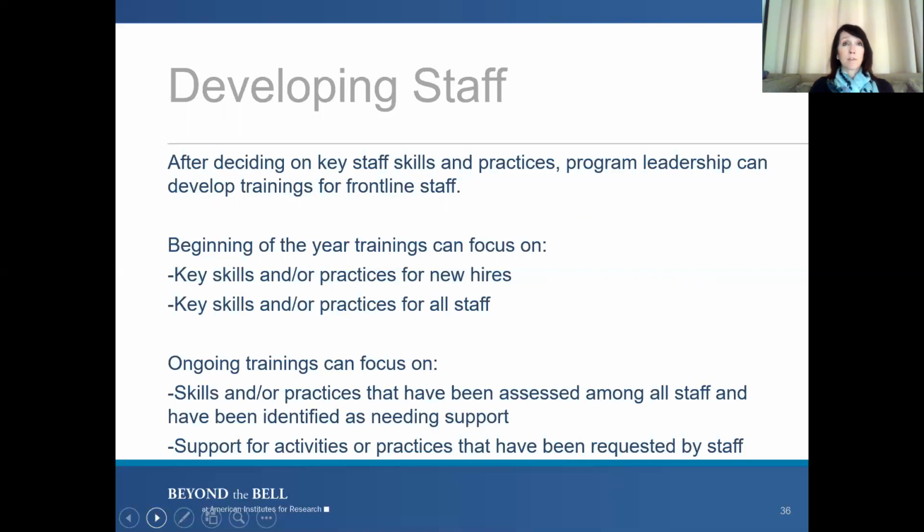I did work with an after-school program a couple of years ago where the staff had requested help with behavior management, and I came into their program one evening and I discussed all of the behavior problems that were going on with the youth in the program. We brainstormed strategies.